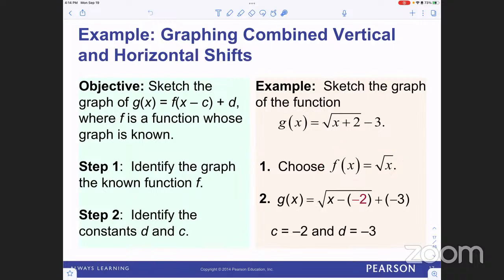Now what they did, they rewrote it into this form. Because notice we had +2 and -3, and they got a -c and a +d. So that +2 they rewrote as minus a -2. That -3 they rewrote as plus a -3. So then in this form, we see that our c is -2 and our d is -3.